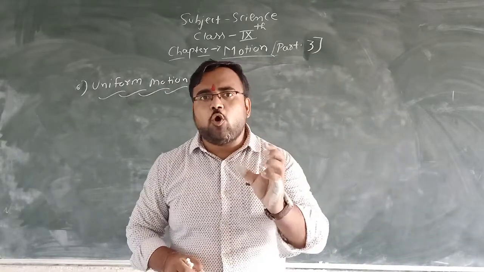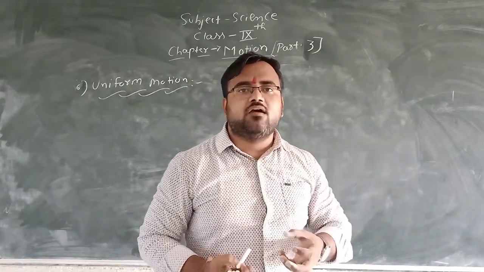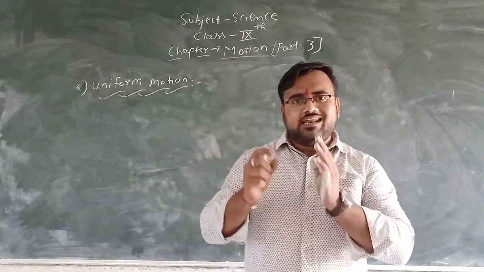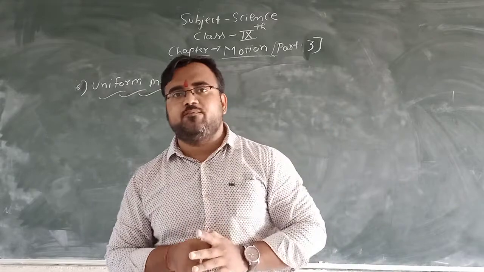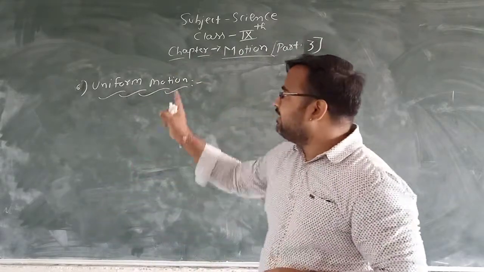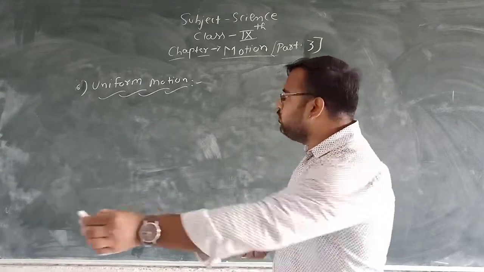If any object is moving, so we can say if any moving object covers equal distance in equal interval of time, then that type of motion is known as uniform motion.